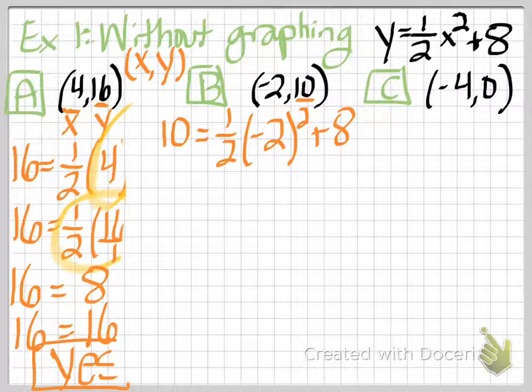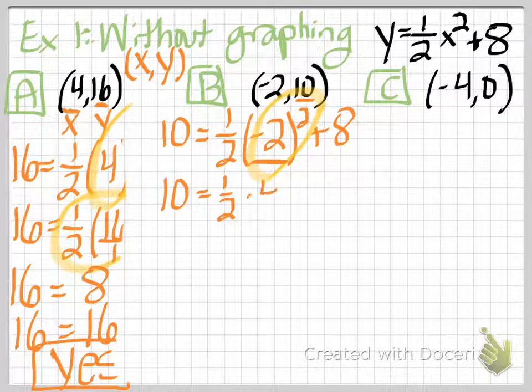Order of operations means I have to do this exponent first. 10 equals 1/2 times -2 squared. Now this is why the parentheses comes in handy. It's not negative times 2 squared. It's a -2 squared. So -2 times -2 gives us a positive 4. You can use the multiplicative dot or keep it in parentheses. That's up to you.